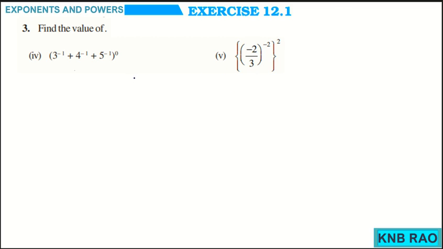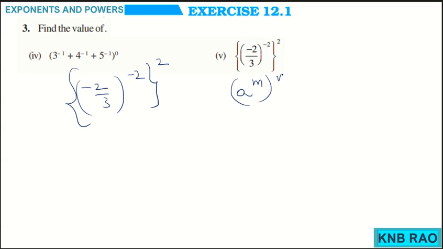In question number 5, (-2/3) whole power -2, further this is whole raised to the 2. Now you know we will first use the identity (a^m)^n, which gives a^(m×n).